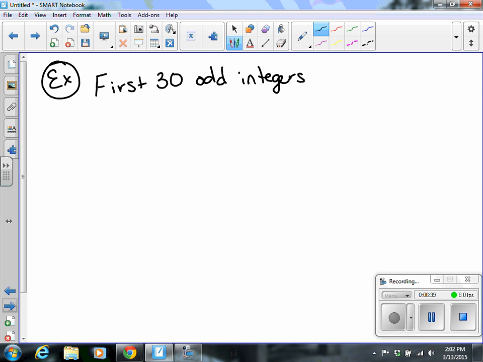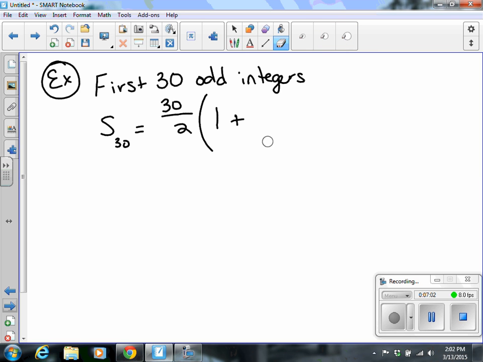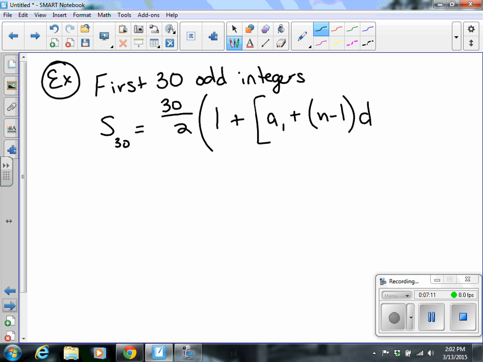This is where plugging in that a1 plus n minus 1 times d is going to help out. So I've got my summation. This is 30 divided by 2 times, well, what's a1? a1 is 1 plus. So we need that an term. Well, I'm going to represent that with a1 plus n minus 1 times d.